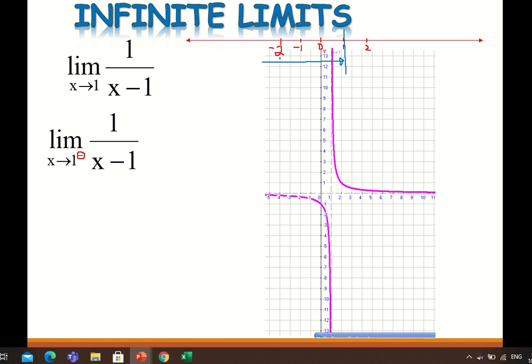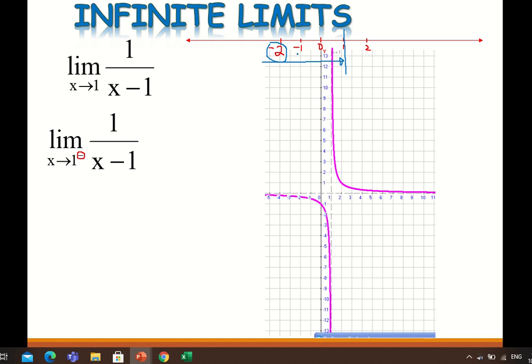For example, if you take negative 2 and substitute it here, when x equals negative 2, what will happen? We have negative 2 minus 1, equal to negative 3, so the value is negative.